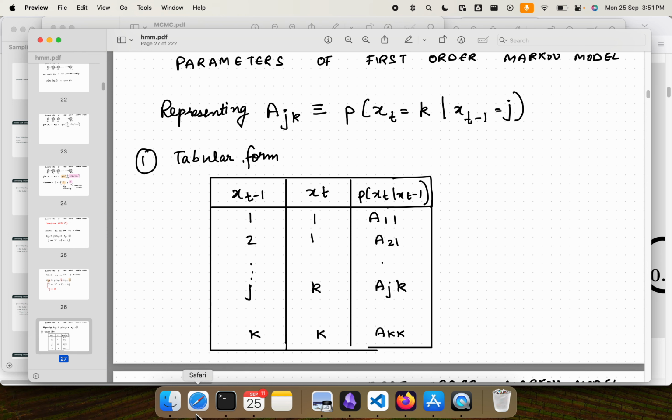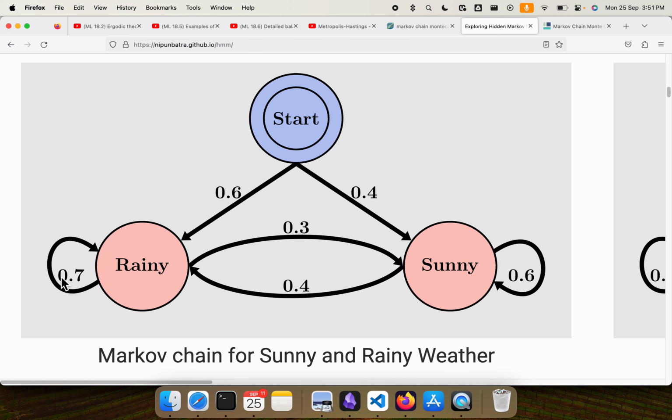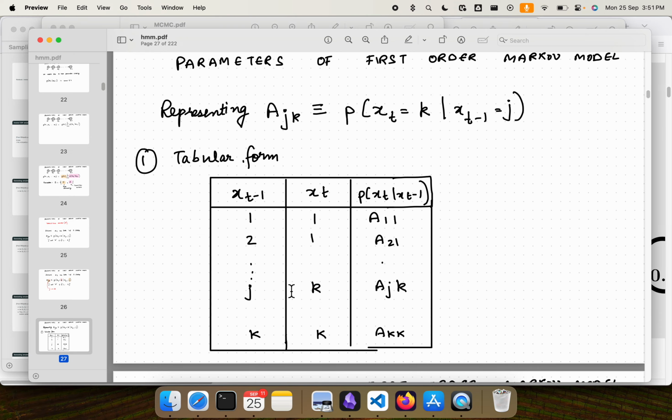We also saw the same using the finite state machine. Right? Rain to rain 1, rain to sun 2, sun to rain 3, sun to sun 4. The same thing we could have written in a tabular form. So we have seen 2 different ways. One is the finite state machine diagram, the other is this particular tabular form. Is there any other data structure we could have used, which you typically use?